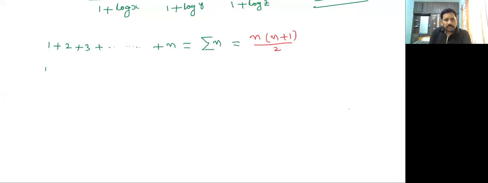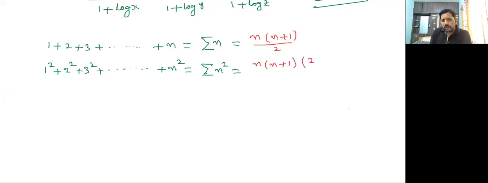Okay, sum of squares of natural numbers: 1 square, 2 square, 3 square, and so on n square. In short form we write sigma n square. That formula is n into (n plus 1) into (2n plus 1) by 6.